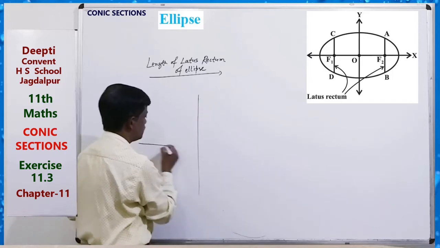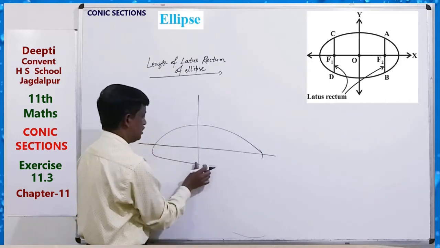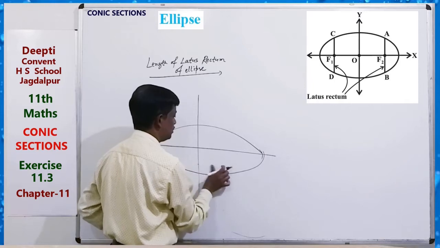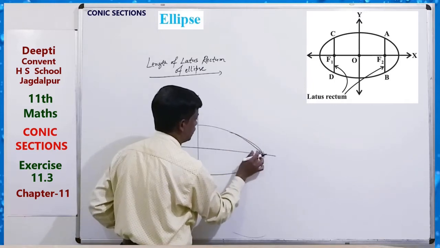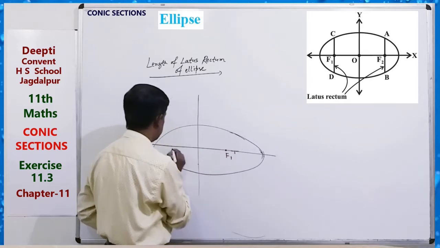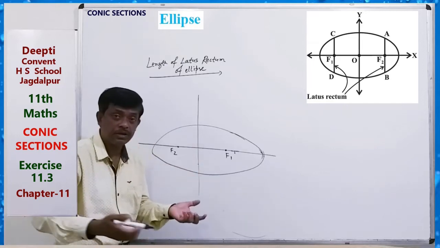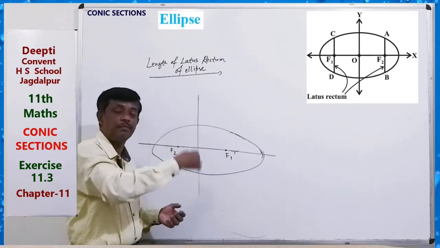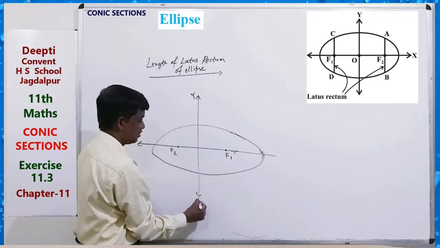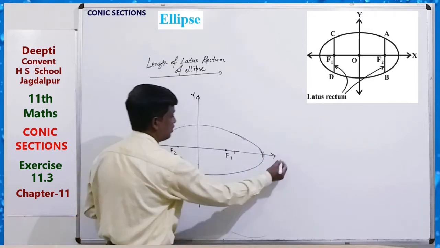Suppose this is our horizontal ellipse. Latus rectum is simple. It means the length of the double ordinate passing through the foci. Suppose this is focus F1, this is focus F2. Clear? Now, double ordinate means a line perpendicular to the major axis. This is the major axis, this is the y axis, and you can also see it in the diagram. It's very clear.